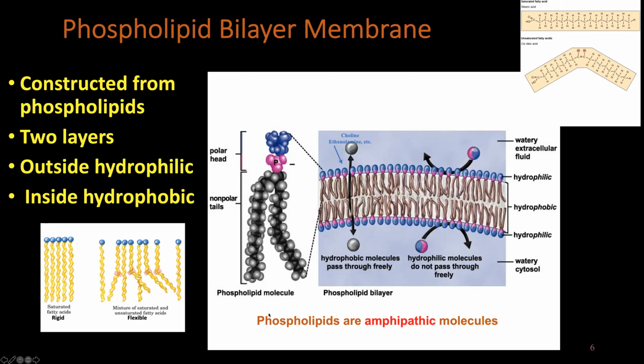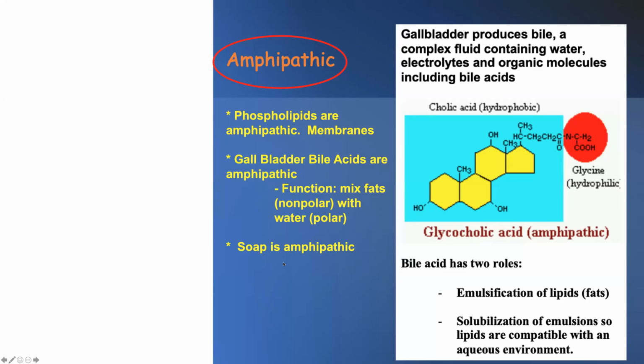And we find amphipathic molecules in a number of places in biology. I'd just like to remind you, when we talked about the pancreas and the gallbladder, we ran into amphipathic molecules.